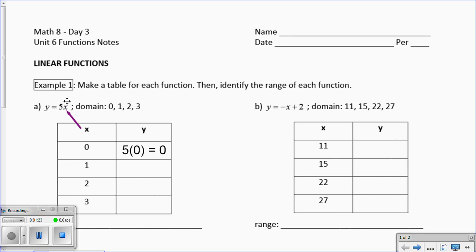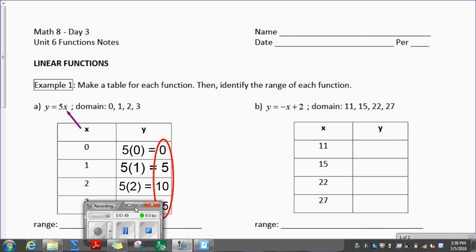So 5 times 0 is going to give us 0, which means y equals 0. So when x is 0, y is also 0. Let's do the next one. 5 times 1 equals 5, so the y is 5. 5 times 2 is 10, so the y is 10. 5 times 3 is 15, so that's our y, which means that these numbers create our range.